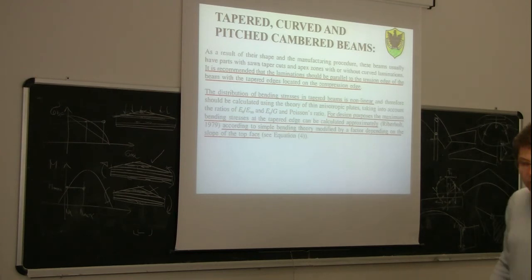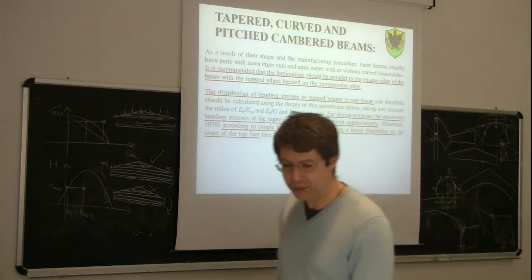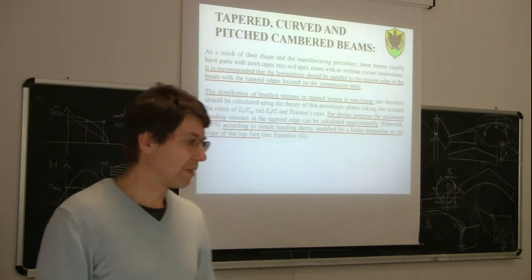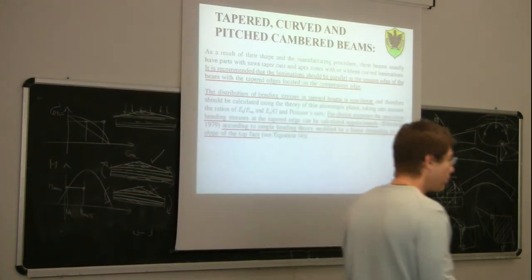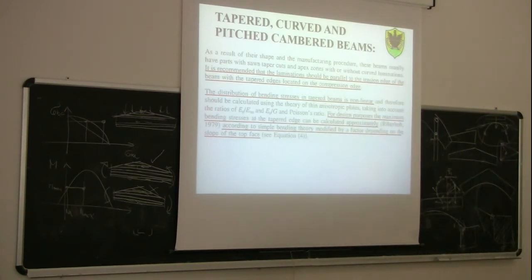So also in these beams we will end up using the usual formulation, with the introduction of a correction coefficient. This correction coefficient takes into account the fact that in reality the distribution of stresses is no longer linear.